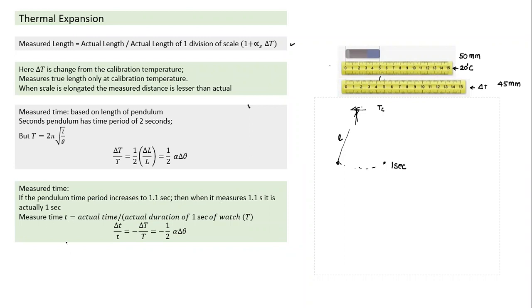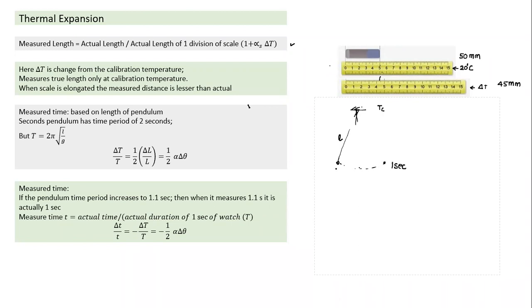So what is the measured time? Very similar to the previous case. The measured time t, how many seconds have passed, is the actual time divided by the actual duration of 1 second by the watch. Here also it is measured by one division. As the T value changes, half a swing takes a different time. So how do you measure time?